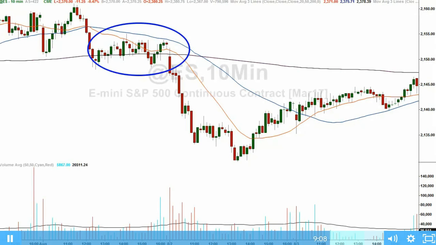So inside this circle is a really good example of the three moving averages. The market traded above the 200-period moving average for a while, and it came into it but found support at the 200-period moving average. It traded back and forth in and around the 20-period moving average, which is the red trend line, also known in my world as home base, and then found resistance at the 50-period moving average.